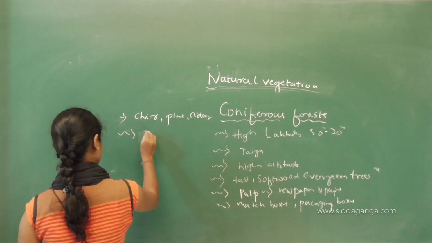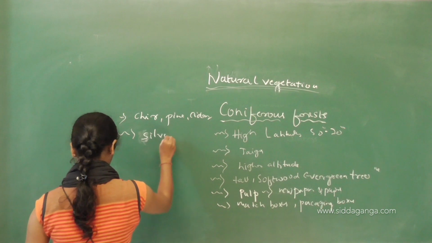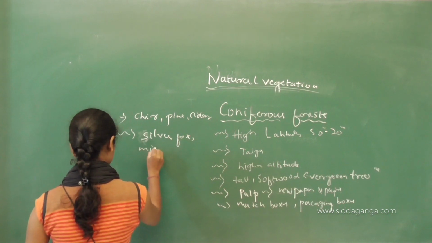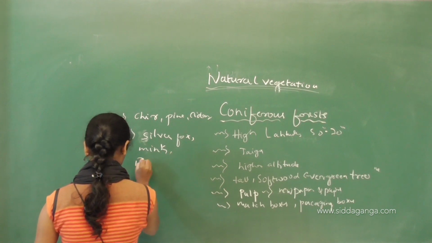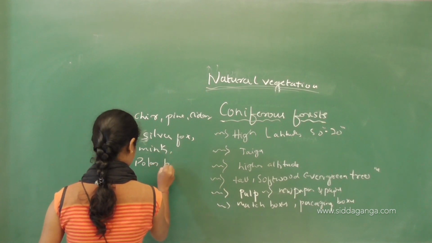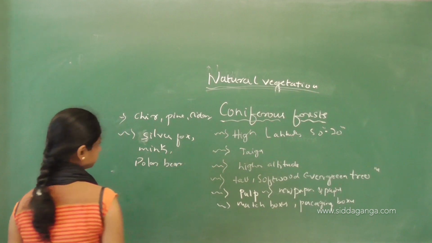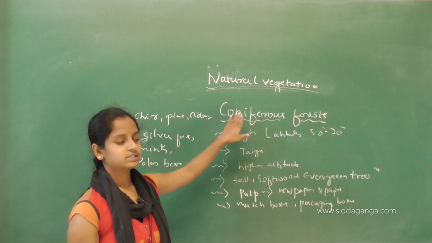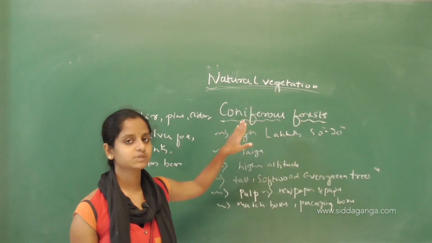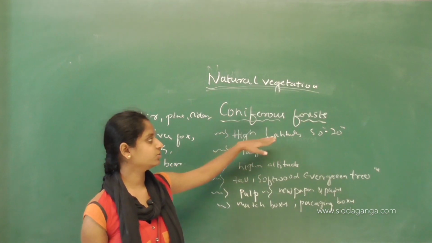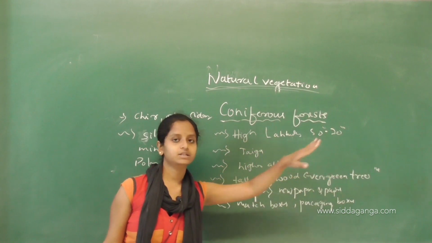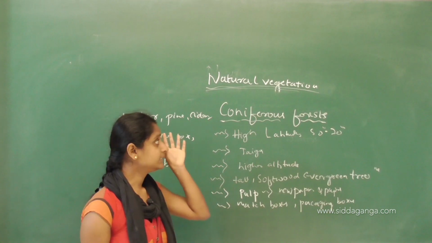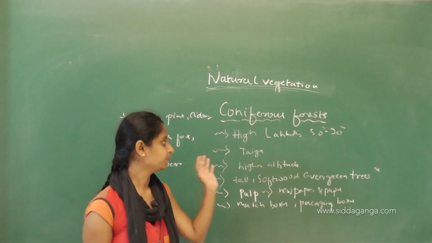Silver fox, mink, polar bear are animals found here. See, in this coniferous forest, we can see these forests in the higher latitudes around 50 to 70 degrees. These are also called taiga.